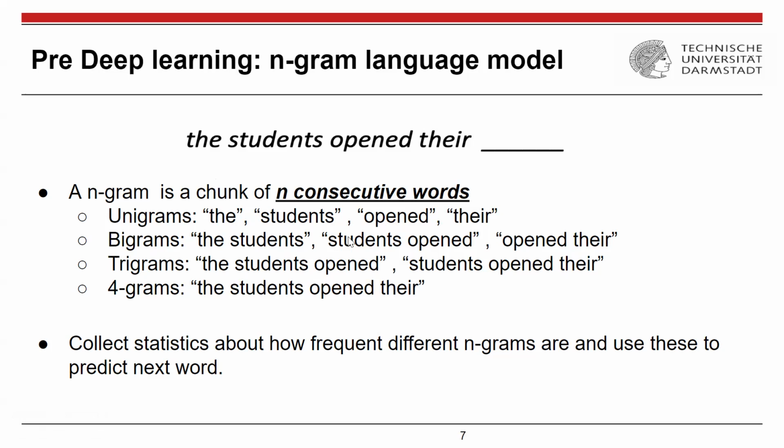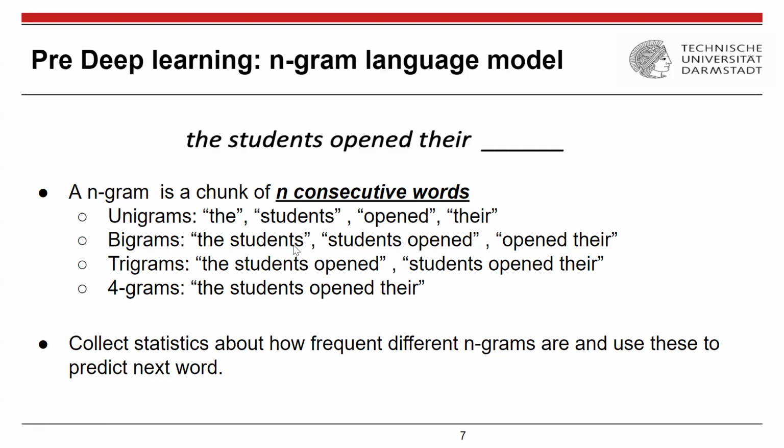This is what an n-gram means. What you are doing is collecting statistics of these n-grams in your data. That is, how many times "the" appears, out of all the words, the probability of "the students".